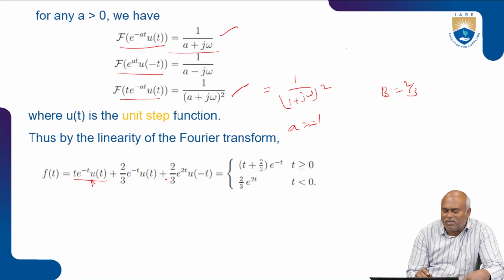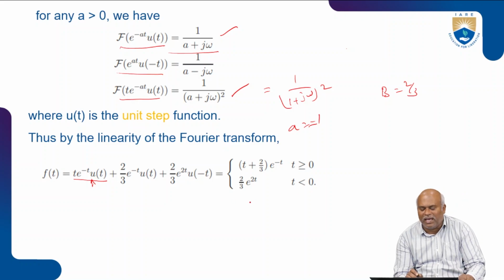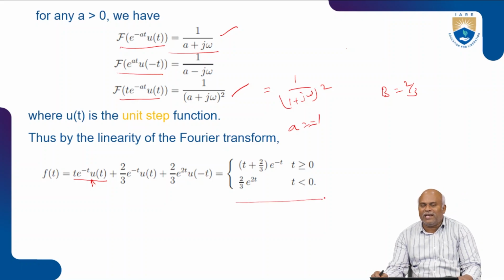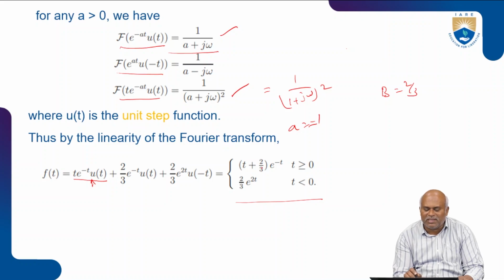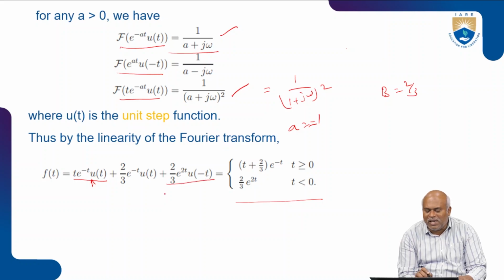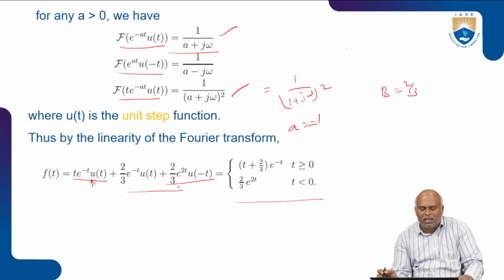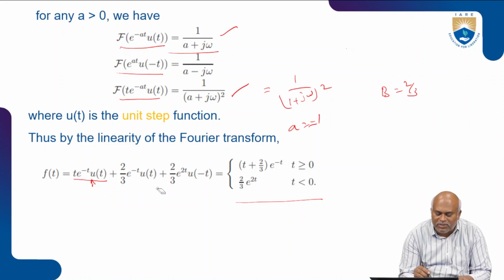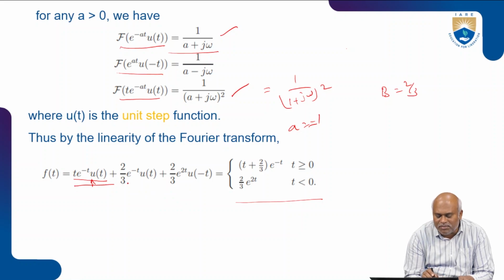Then another term (2/3)e^(2t)u(-t). Finally, I wrote when t is greater than 0, t plus (2/3)e^(-t). These two terms I should combine.